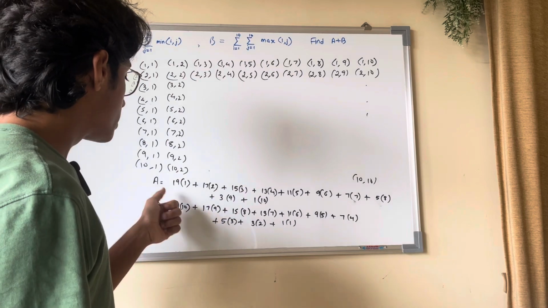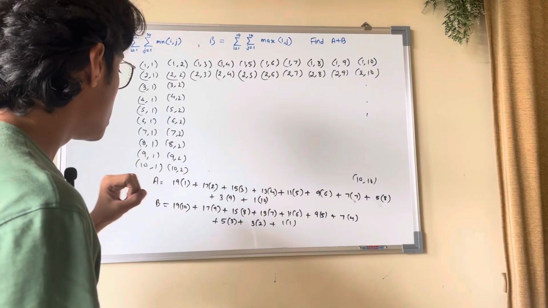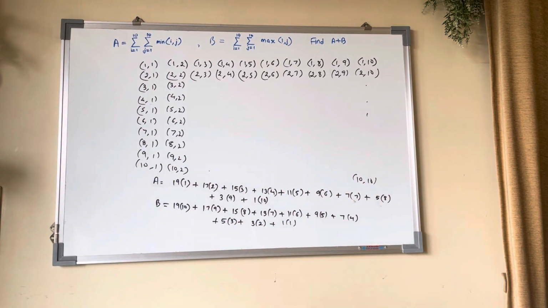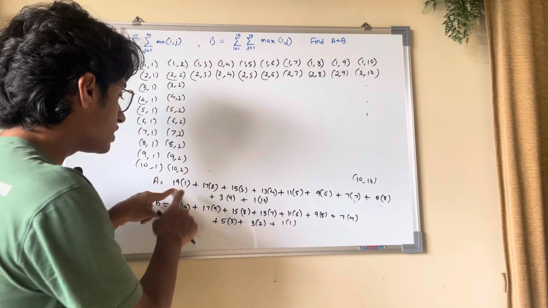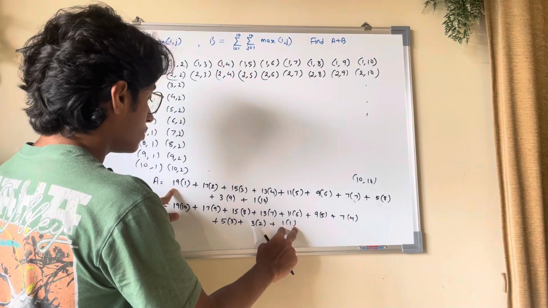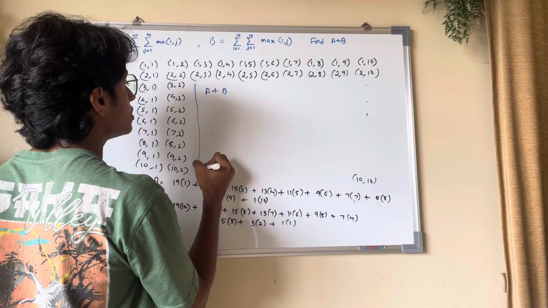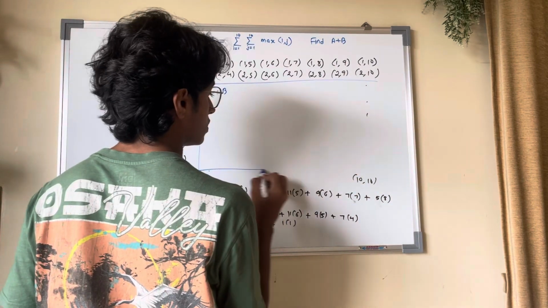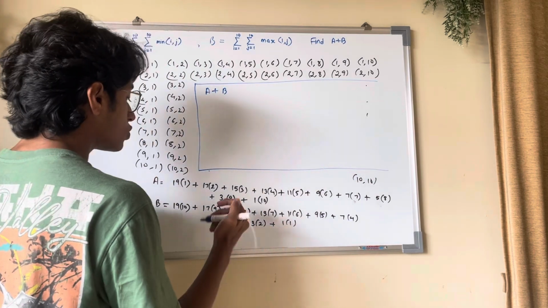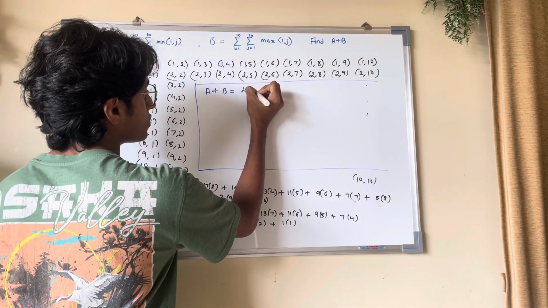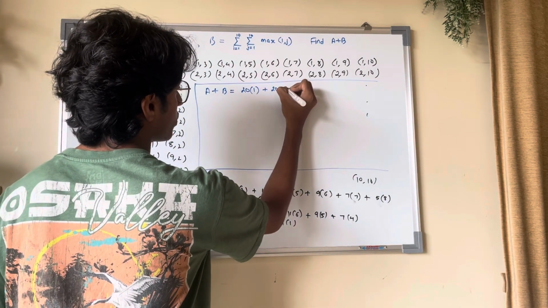We don't have to calculate each of the values of A and B, because we have to find the value of A plus B. If we look here, the terms 19 times 1 and 1 times 1 get grouped together to give 20 times 1. 17 times 2 and 3 times 2 get grouped together to give 20 times 2.